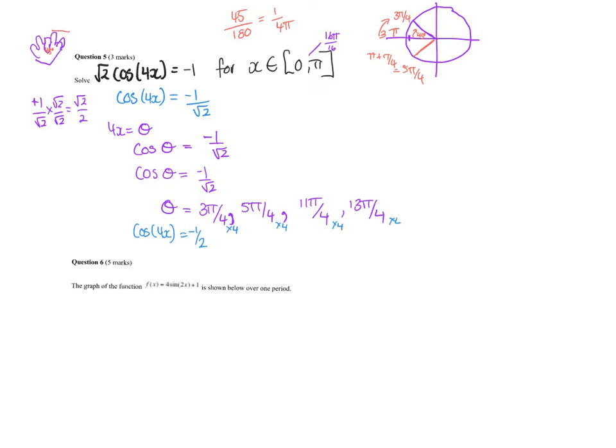And if you have a look, my answer would be when the angle is 3 pi on 16, 5 pi on 16, 11 pi on 16, and 13 pi on 16. Have I gone over a full pi there? Nah. 16 on 16 would be a full pi, so I'm within the domain. So there's your answer there.